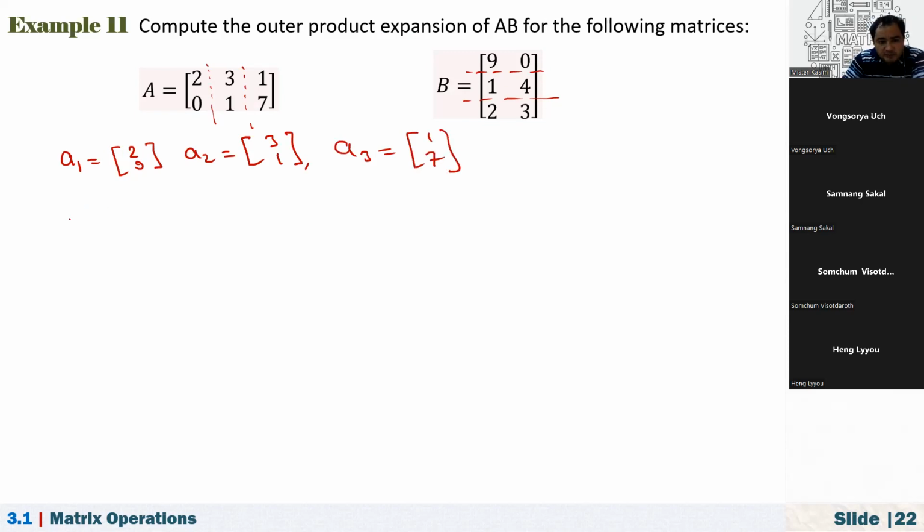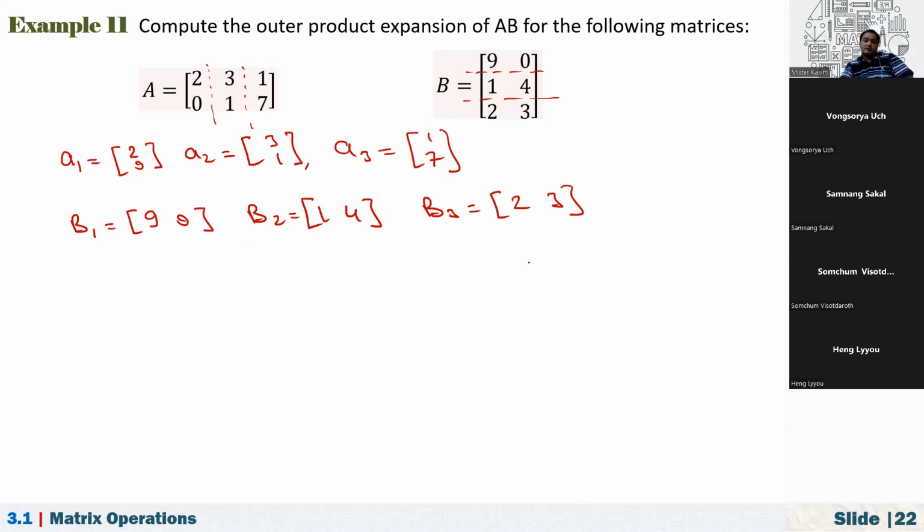And how about B? Since it is a row, let's use a capital letter. B1 is 9, 0. B2 is the second row, 1, 4. And B3 is 2, 3.